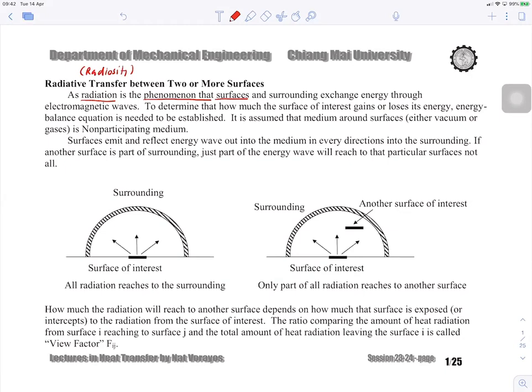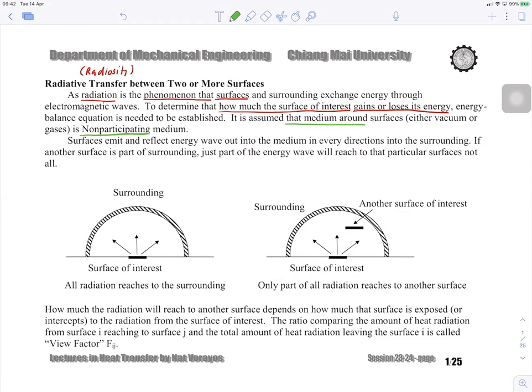In order to provide the equilibrium condition, an energy balance on the system or the object of interest should be considered. We would like to say how much the surface of interest gains or loses its energy, and the energy balance equation needs to be established, on the condition that the medium in between the objects and also the surroundings is non-participating.